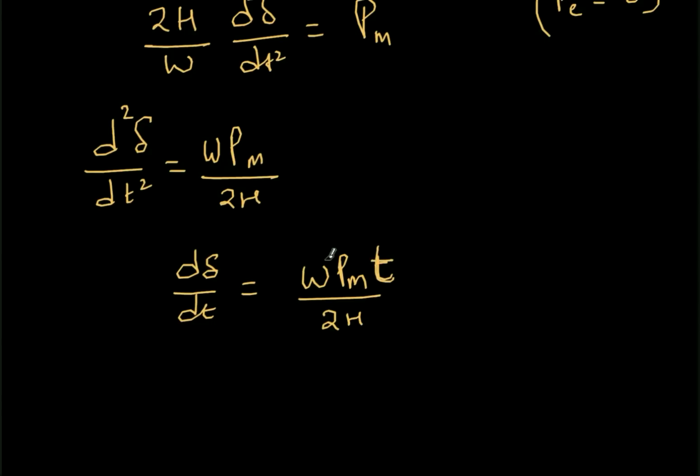So by integrating on both sides, I get this. There is no constant of integration because this derivative is with respect to a stationary, or rotating, reference frame. So at this stage, the constant term is actually 0 in this case.